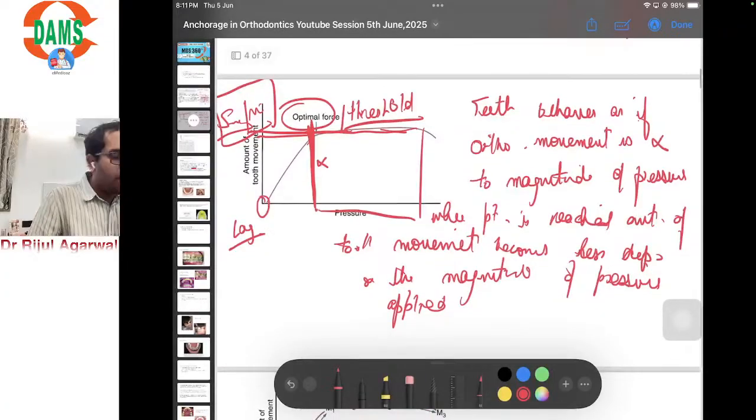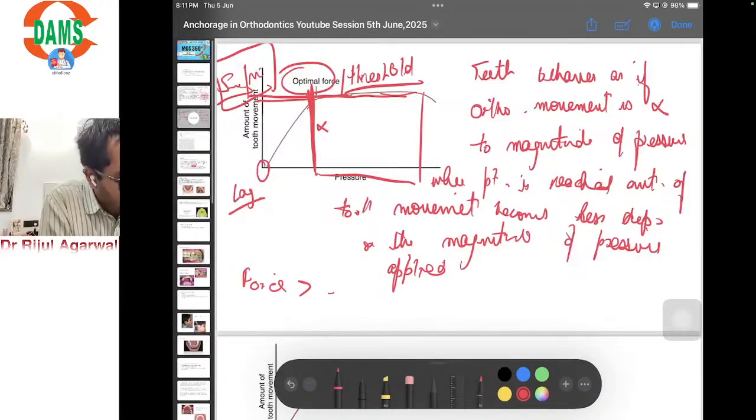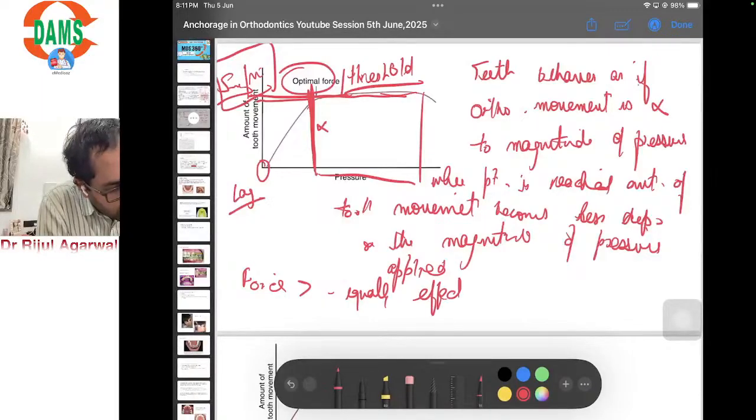Okay, so first, let's come back to this graph only. What happened? If we apply force greater than the optimal threshold or threshold force, it will be, first of all, as I've told you, equally effective in orthodontic tooth movement.